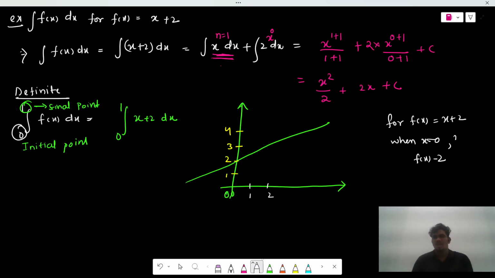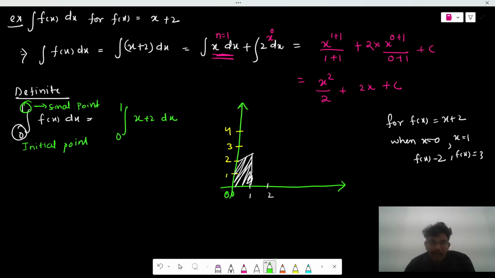Obvious, right? When x equals 1, f of x equals 3. So we need to calculate this much area only.